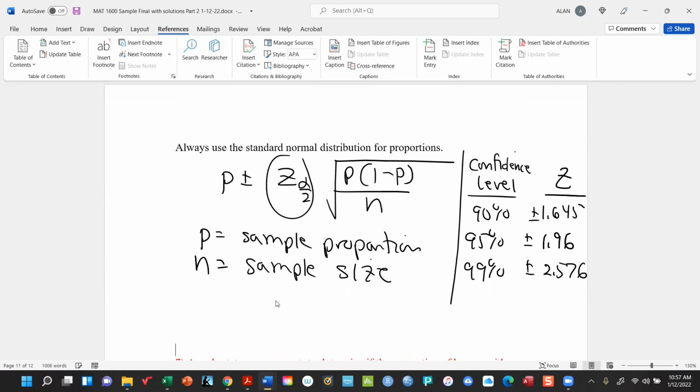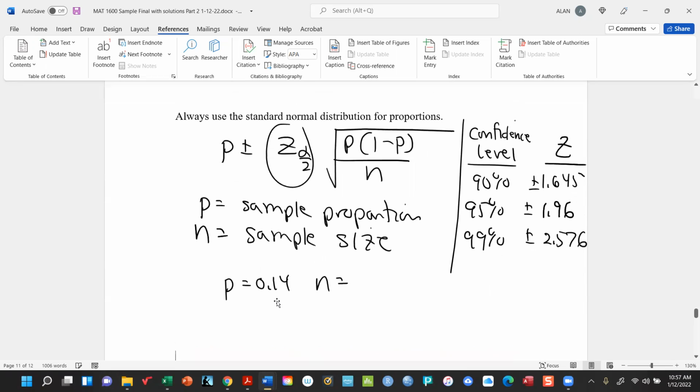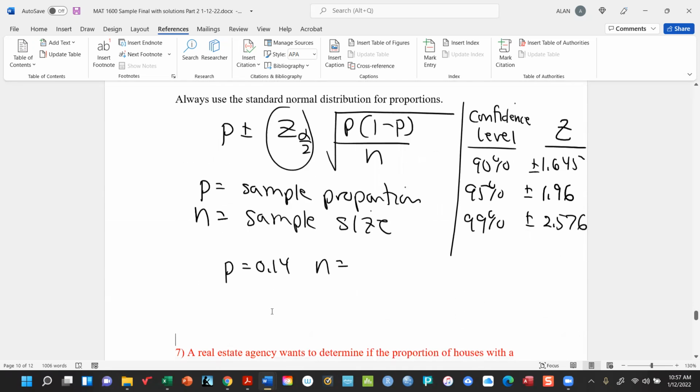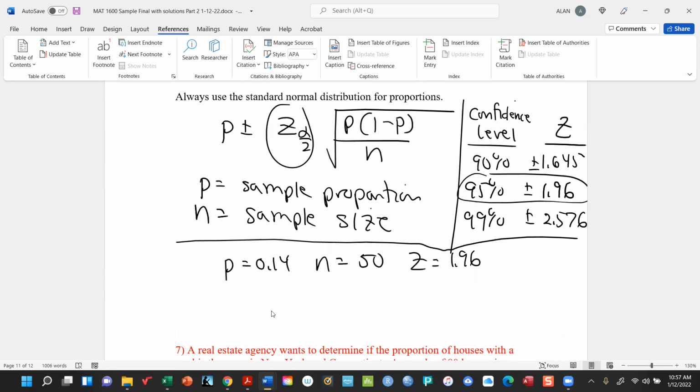So that means here it'll be simple. Remember, P is 0.14, and N, the sample size, was 50. And since this is a 95% confidence interval, we'll use this one. You don't really need the plus and minus there because it's understood that with a confidence interval, you're going to both add and subtract, but we can leave it like that.